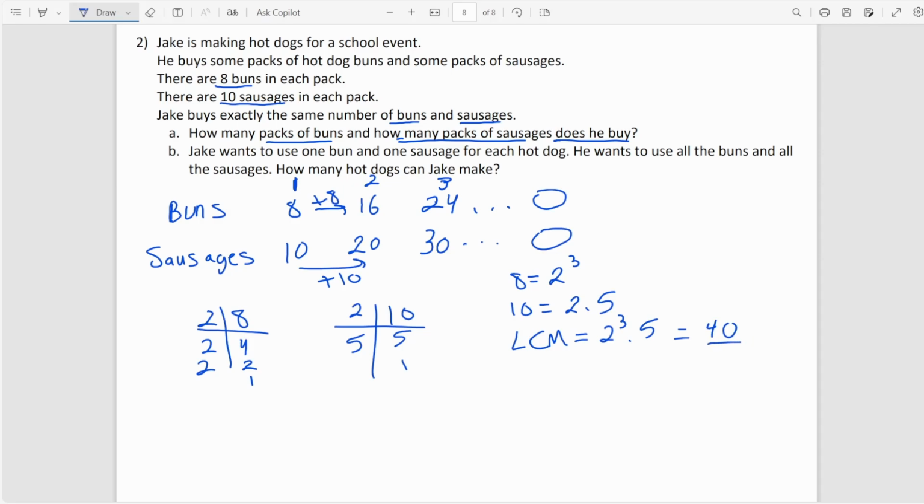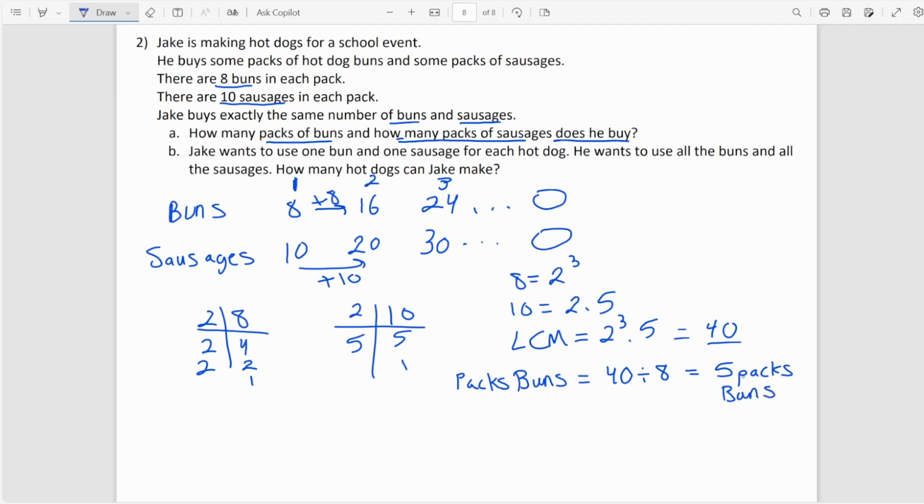So when you have 40 buns, you'll also have 40 sausages. Now the question is asking how many packs of buns and how many packs of sausages does he buy? Well, I have 40 buns and 40 sausages. So the packs of buns are going to be 40 divided by 8, because each pack contains 8 buns, and we get 5 packs of buns.